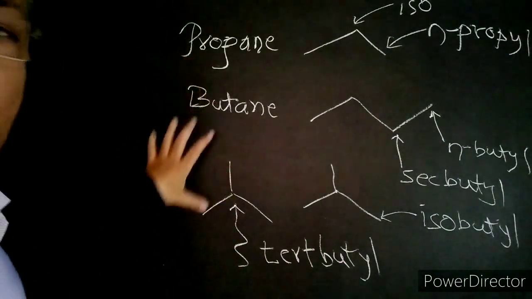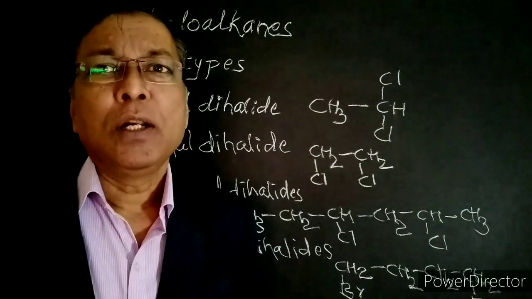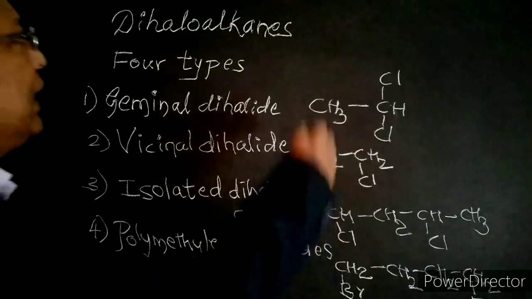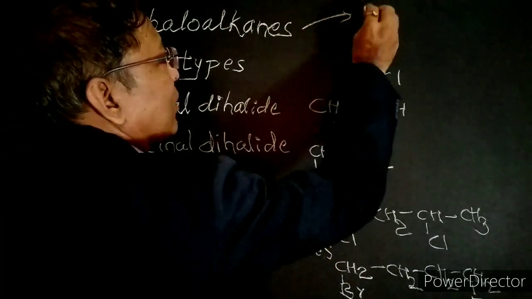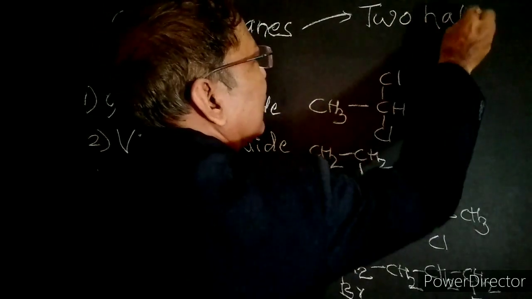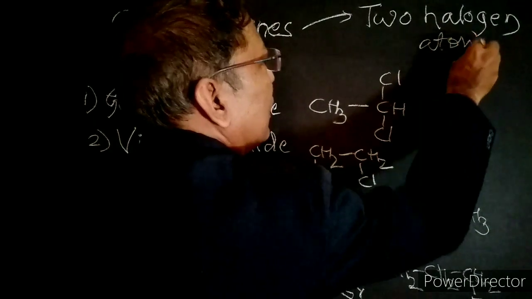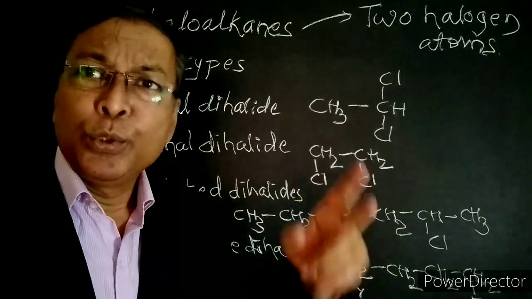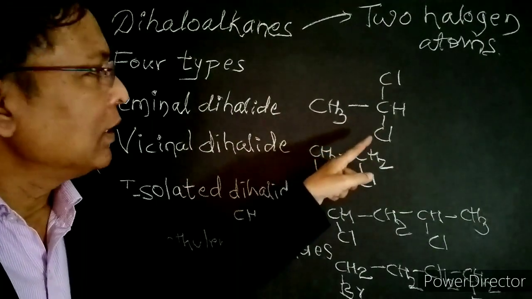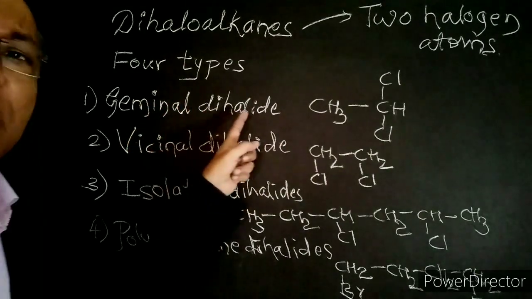So take the screenshot. Now let us see the common naming in case of dihaloalkanes. They are of 2 types. They contain 2 halogen atoms. When 2 same halogen atoms are present on the same carbon atom, it is called geminal dihalide.